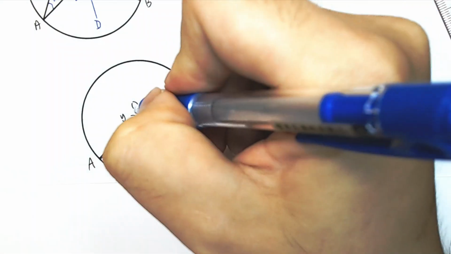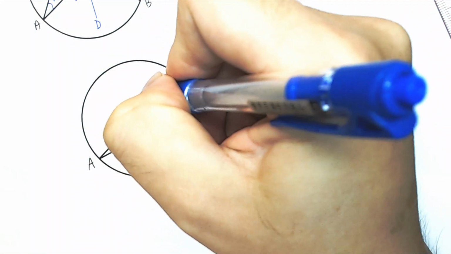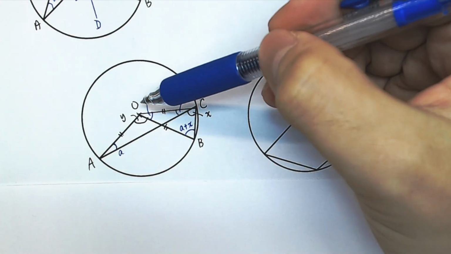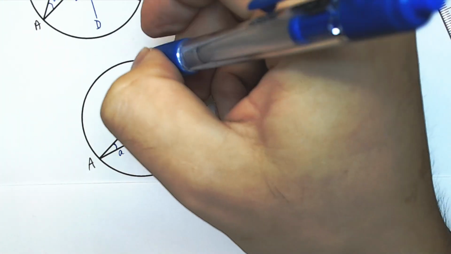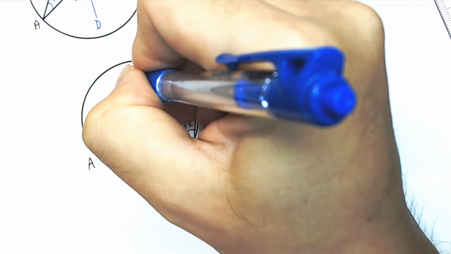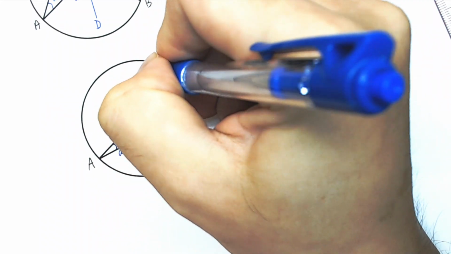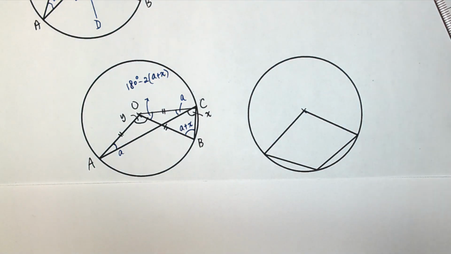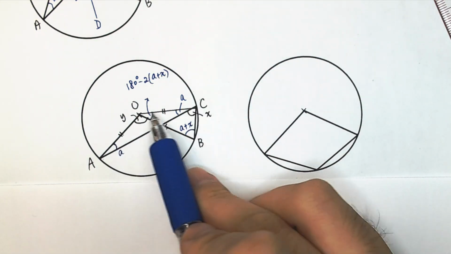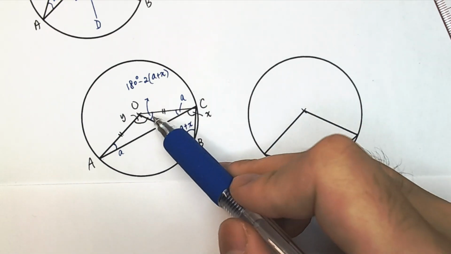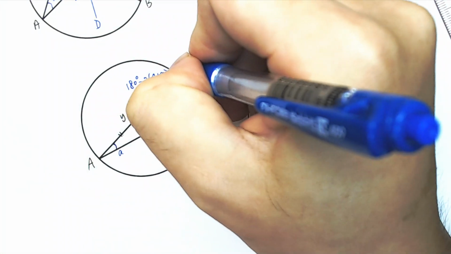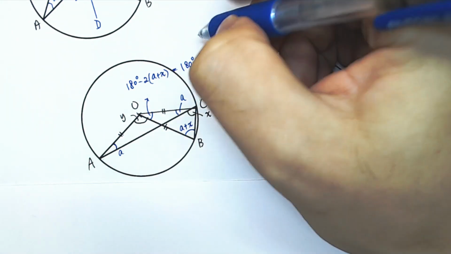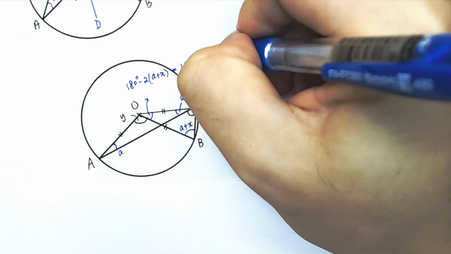Now, what is this angle? You can find it in two ways. First, when you consider triangle OBC, it is actually 180 degrees minus 2 times (a plus x). But then when you consider the triangle OAC, you can form this angle to be 180 degrees minus 2a minus y.